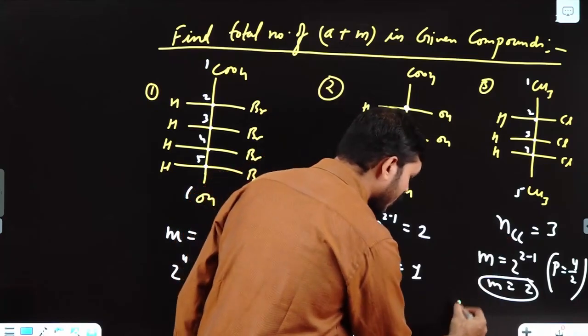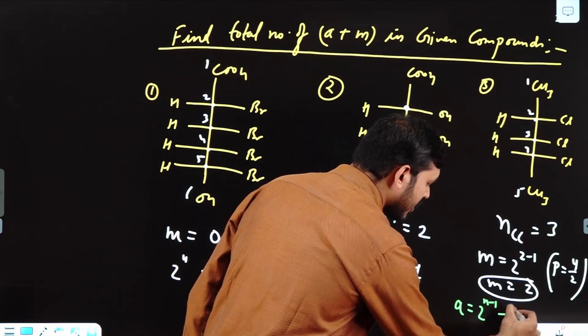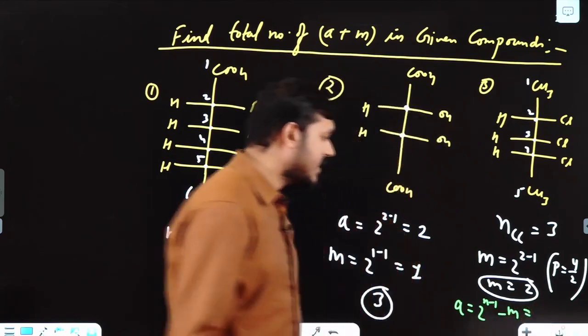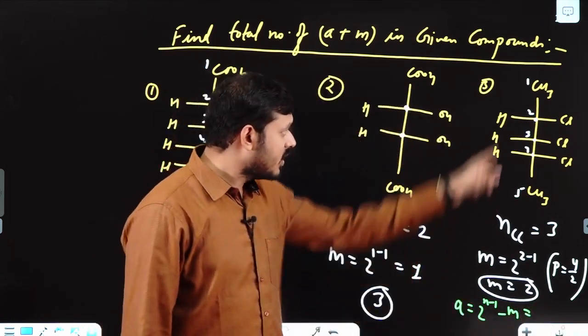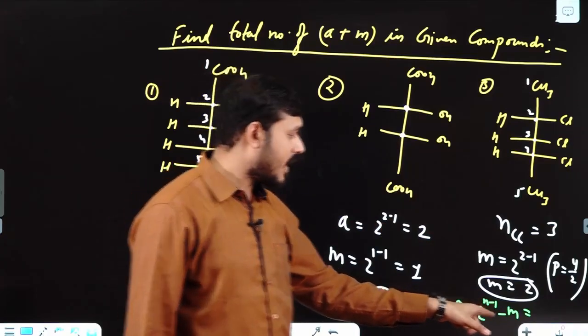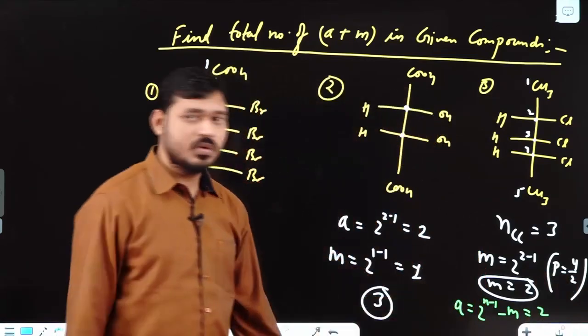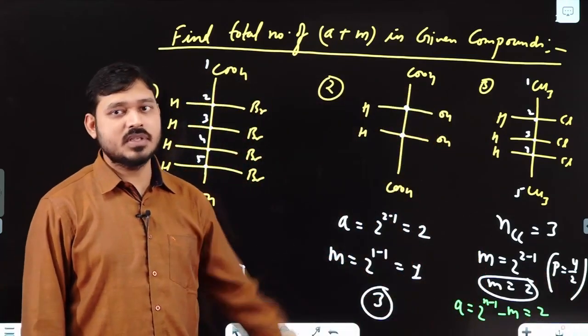Now active equals 2 to the power n minus 1 minus meso, means 2 to the power 3 minus 1, 2 to the power 2, 4 minus 2 is 2. So here active equals 2. So 2 active and 2 meso.